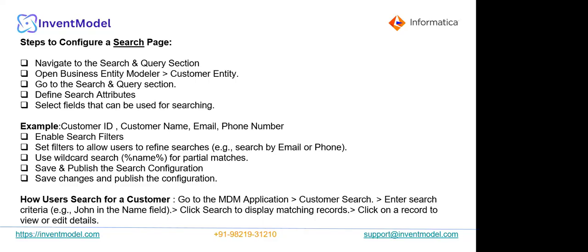When we click on search, it will display all the matching records. Click on the record and we can see all the information of the customer, like name, phone number, address. All the details about the customer will be shown. Next slide, please.